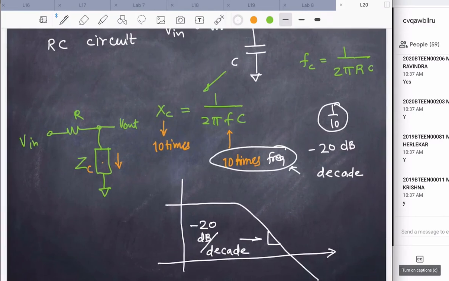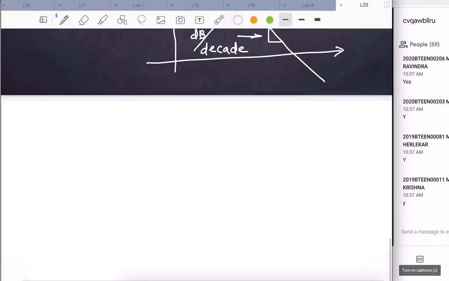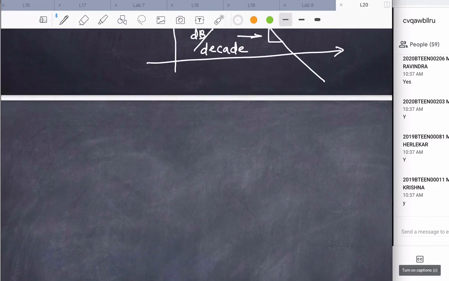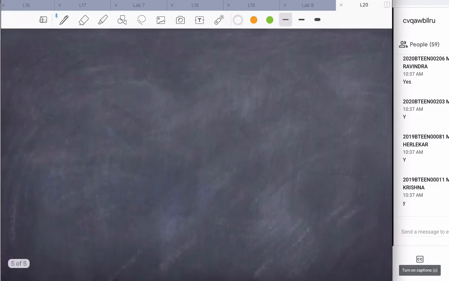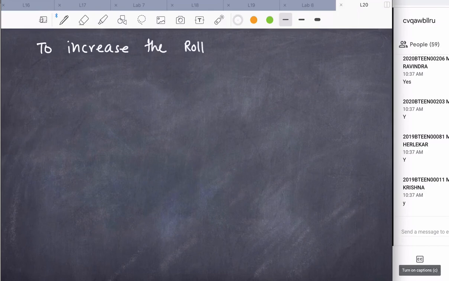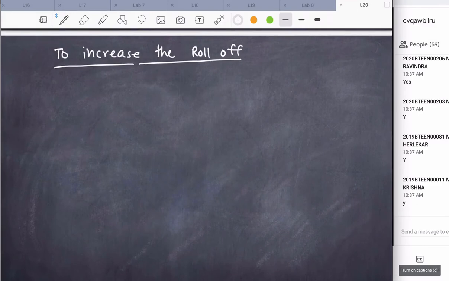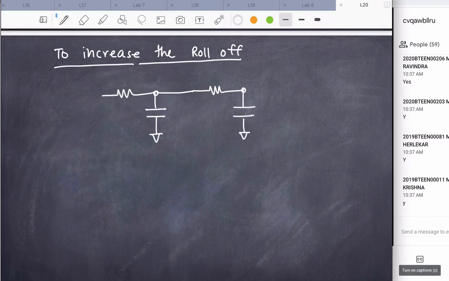Now, if we want to increase the roll off, what we usually do is we use multiple sections of filter, and so on.